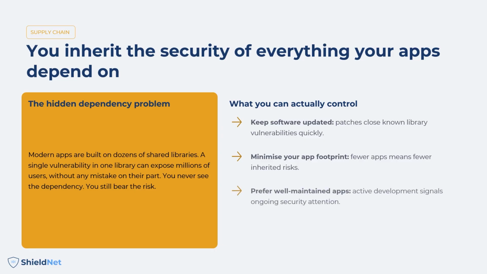Uninstall what you no longer need. Use reputable, well-maintained applications. Established applications with active development communities respond to supply chain incidents faster and more transparently than abandoned or obscure tools. And now, the habit most people overlook entirely.